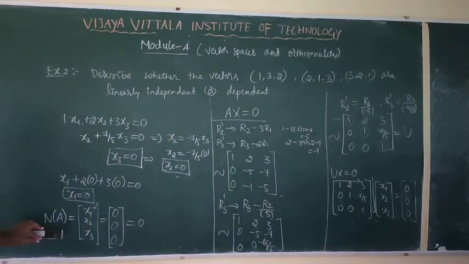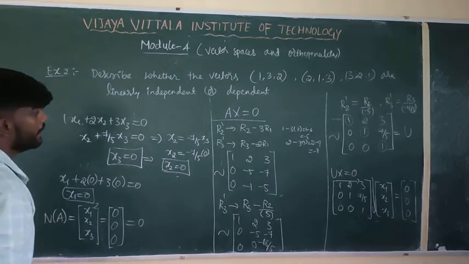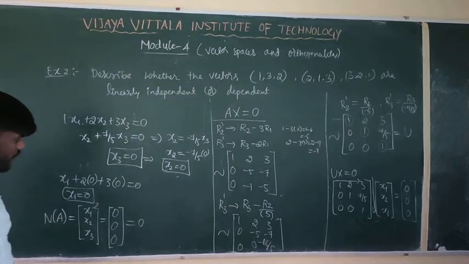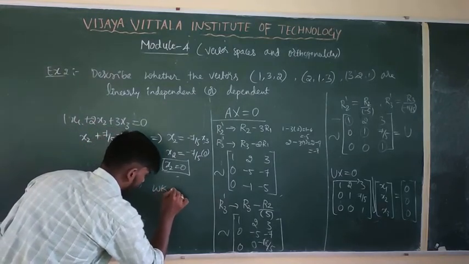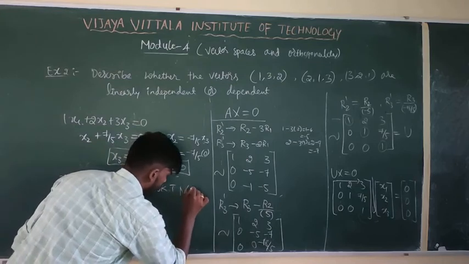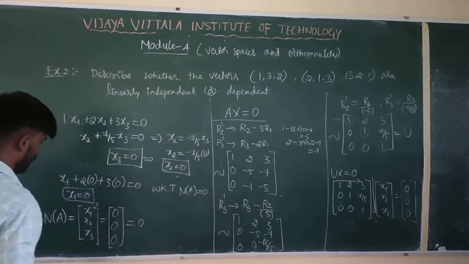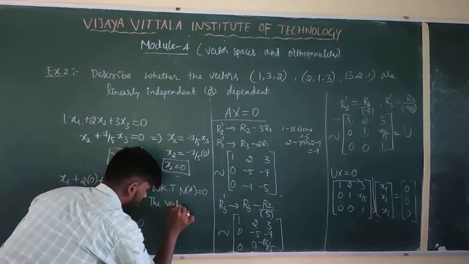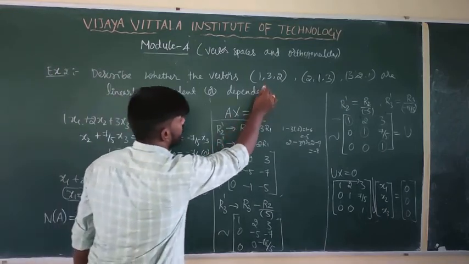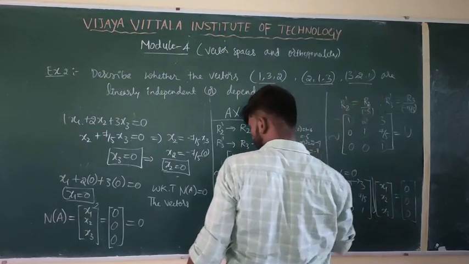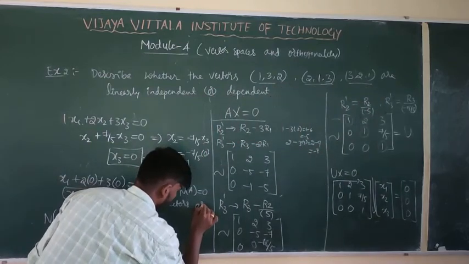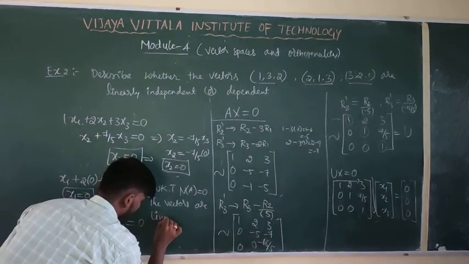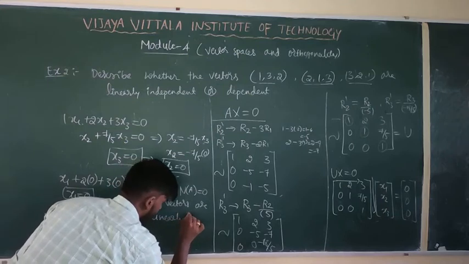Therefore, null space is 0. Then the given vectors are linearly independent vectors. We know that N of A is 0, so these vectors are linearly independent.